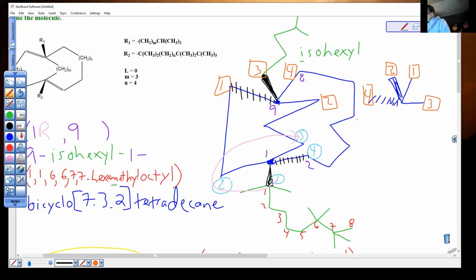Every time you do a switch, it switches the stereo center. When you're doing nomenclature, you don't want to switch the stereo center. You want to know what the stereo center is. So this is the equivalent of this stereo center, because double switch is the equivalent of the original. And that is a counterclockwise direction. So in orange, we have our final answer. And that's definitely S. And that is the end of this problem.